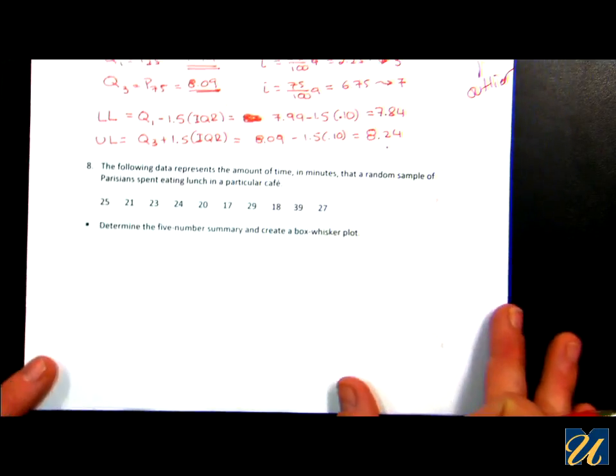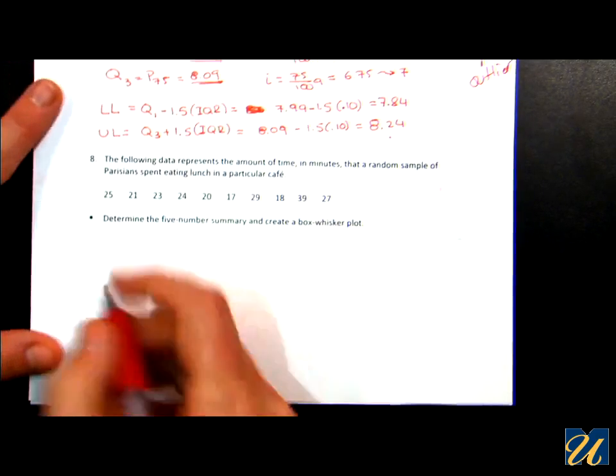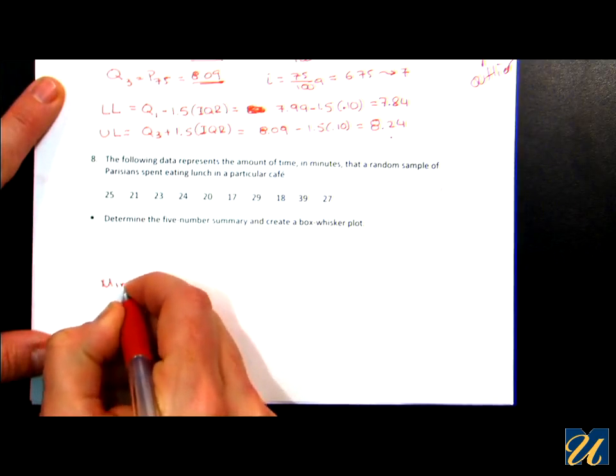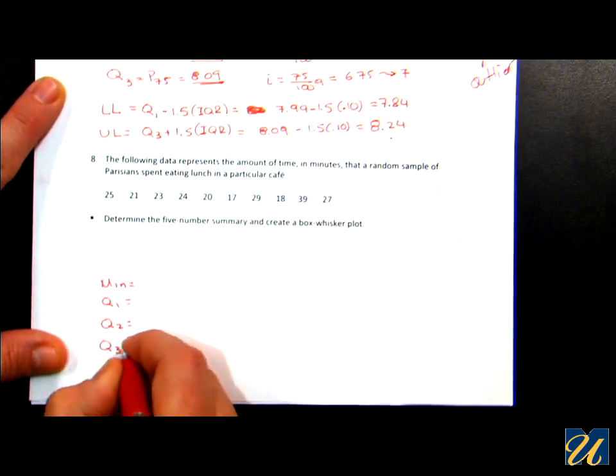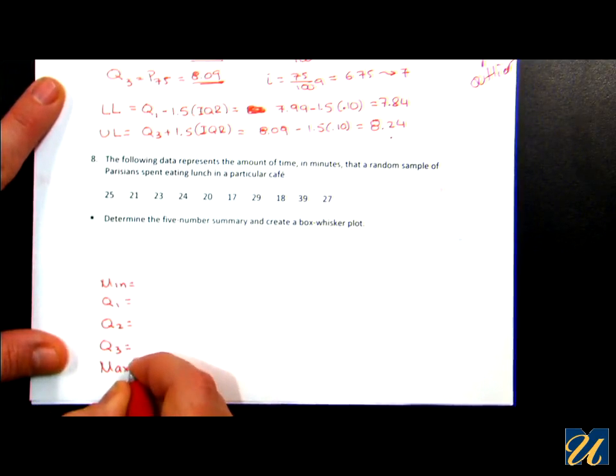The last problem. The following data represents the amount of time in minutes that a random sample of Parisians spent eating lunch in a particular cafe. Determine the 5-number summary and create a box and whisker plot. Now, the 5-number summary consists of minimum, Q1, Q2, Q3, and maximum value.